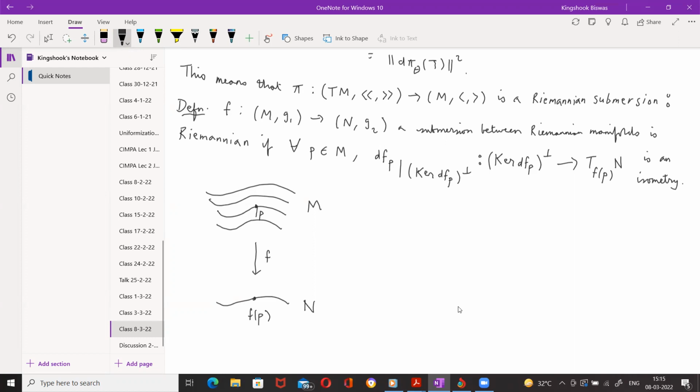It will look vertical in this picture, right? This is the kernel of df p. And this will be the orthogonal complement, so that will look horizontal.